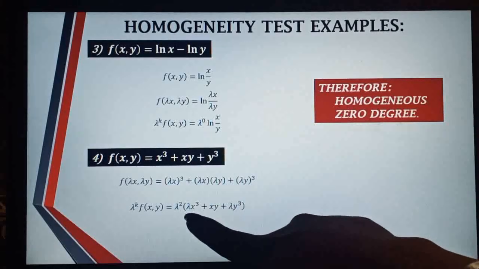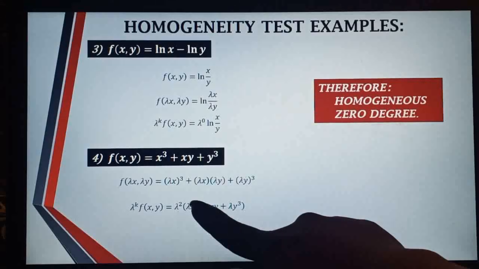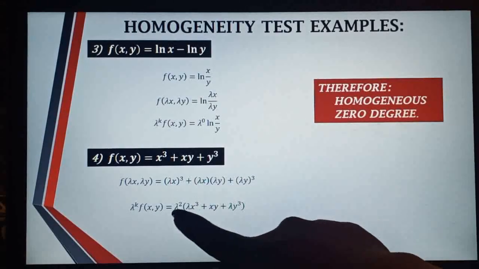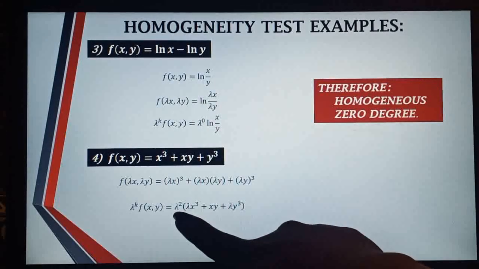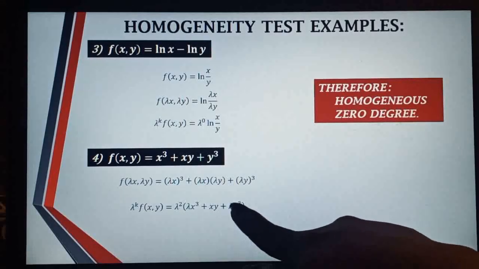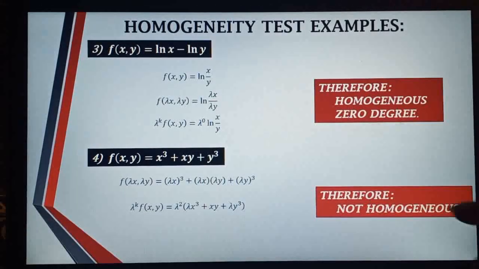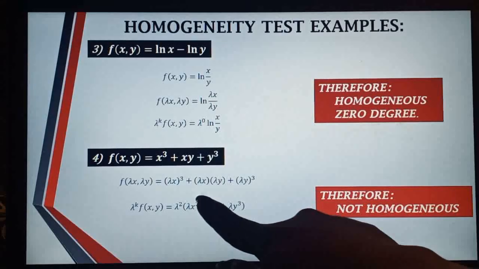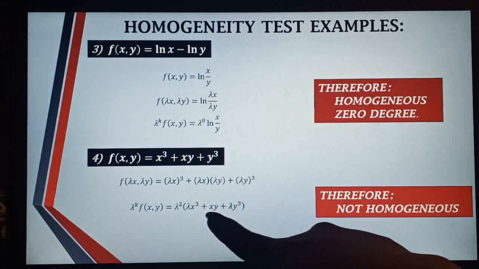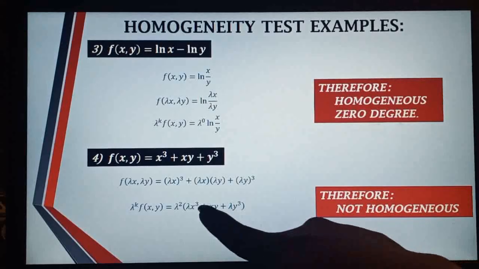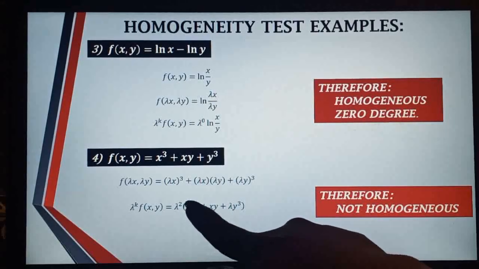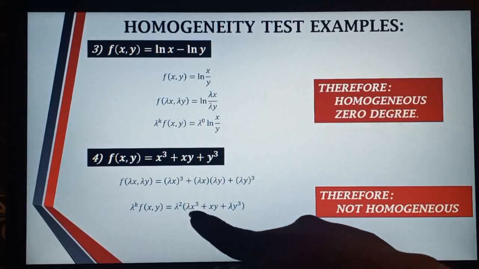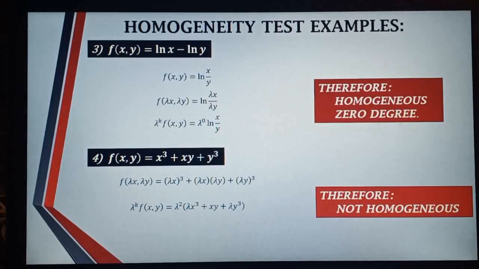Since cubed has an extra lambda left over, then x cubed plus, this is lambda squared, factoring out, xy remains, then lambda cubed and y cubed, factoring out your lambda squared, you will now have lambda y cubed. You will notice you cannot get the original equation, which is x cubed plus xy plus y cubed, since there is a leftover lambda inside. Though you have lambda raised to k, you do not satisfy getting the original equation. Therefore, this equation is not homogeneous.